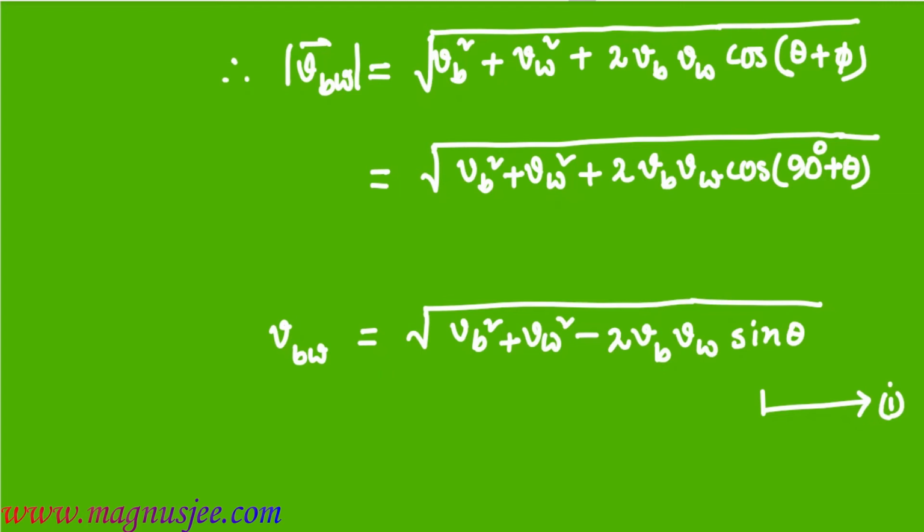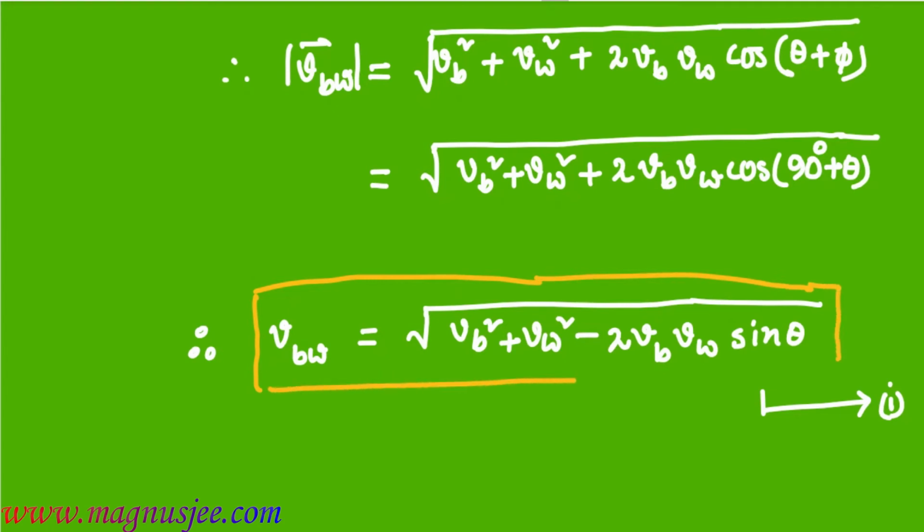This is equation 1. The resultant velocity of the boat with respect to river water, VBW, is equal to root over VB square plus VW square minus 2 VB VW sin theta.